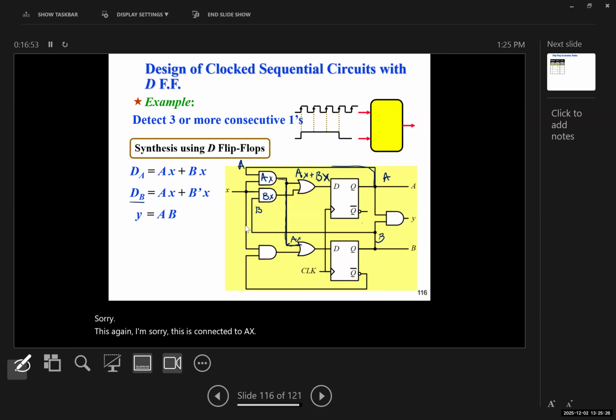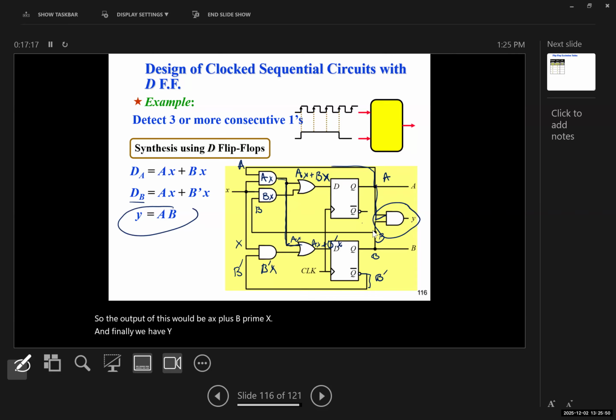And down here, I have X connected to B prime because if this is B, this would be B prime. So we have B prime X here as well. So the output of this would be AX plus B prime X. And finally, we have Y, which is AB. So I can get it directly from the output, which is A and B. So this is going to be AB.